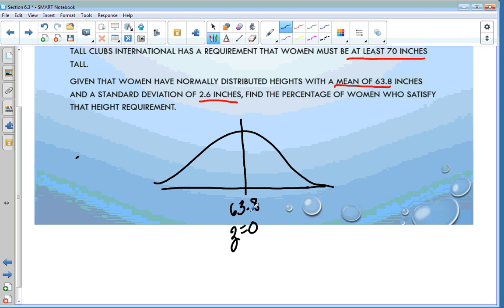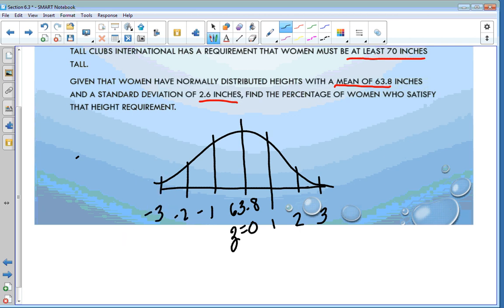Now it says that the standard deviation is 2.6 inches. So we know from the last section that this is a z of 1, we have a z of 2, we have a z of 3, and we can continue on here. A z of negative 1, a z of negative 2, and a z of negative 3.